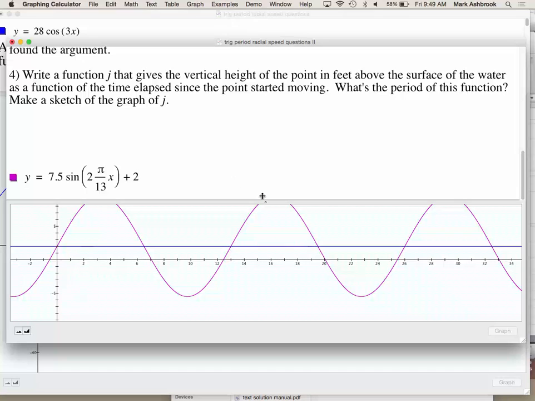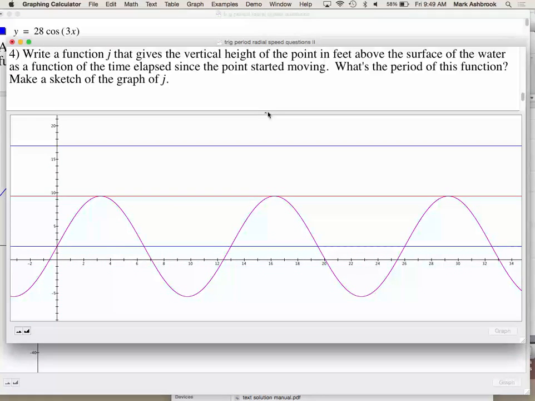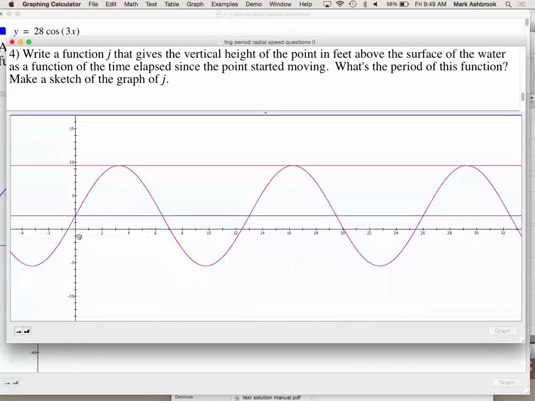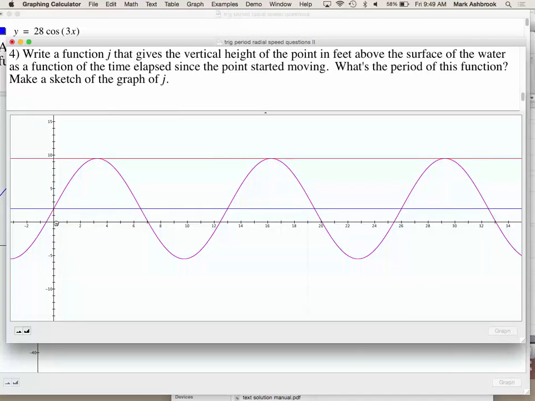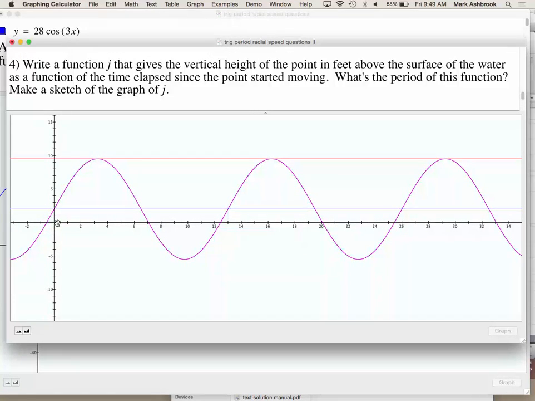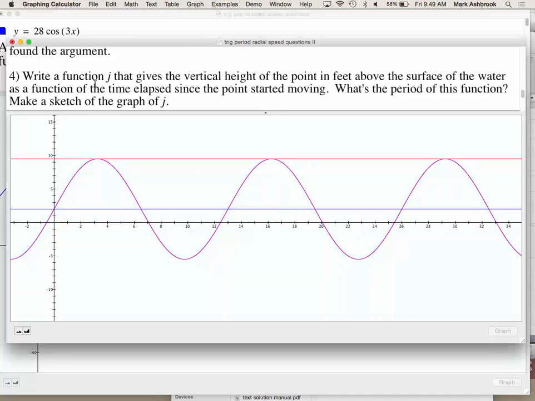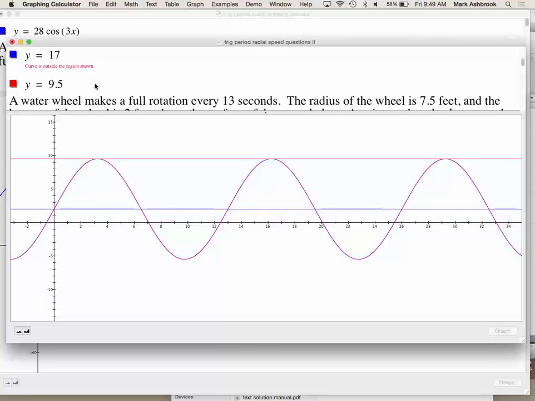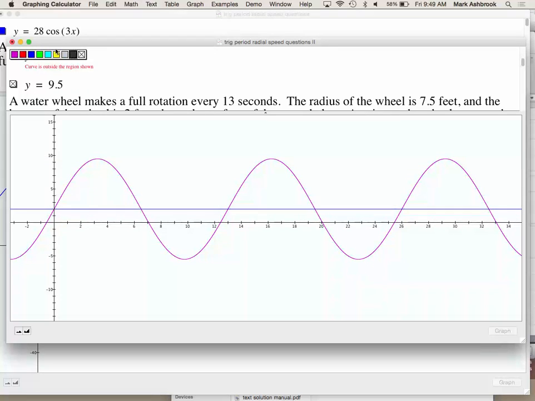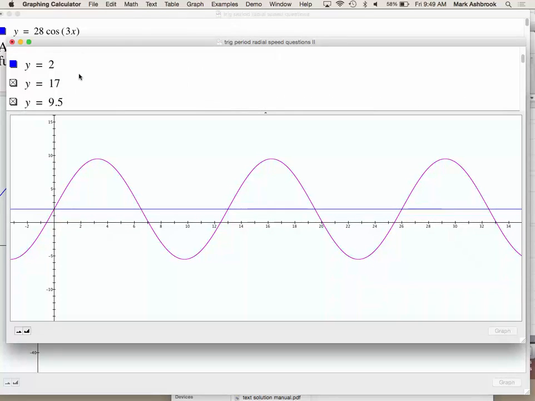Okay, here's what you get when you add 2. And we're tracking the height of a point on the wheel above the water. So let's explain this quickly.